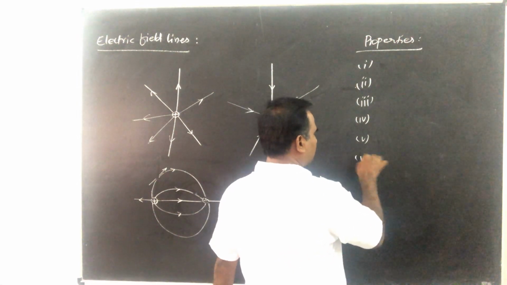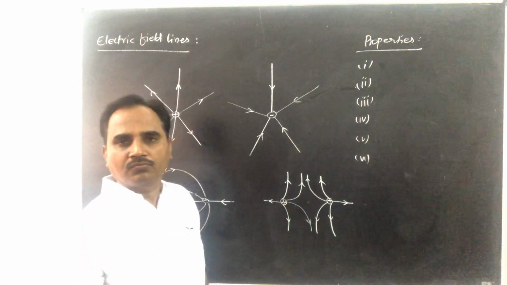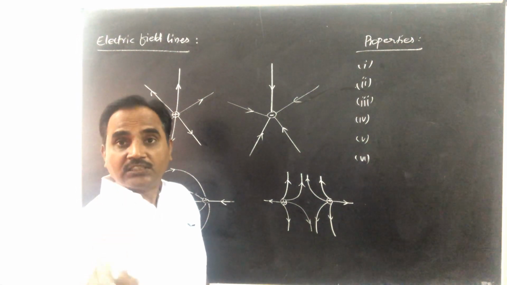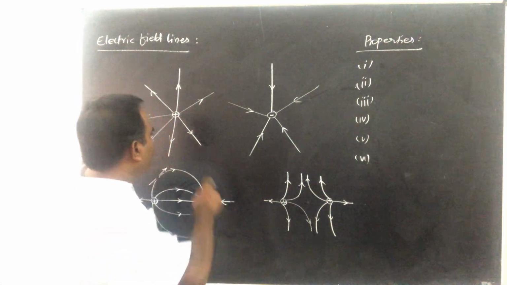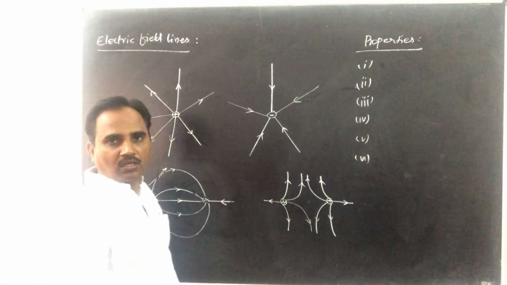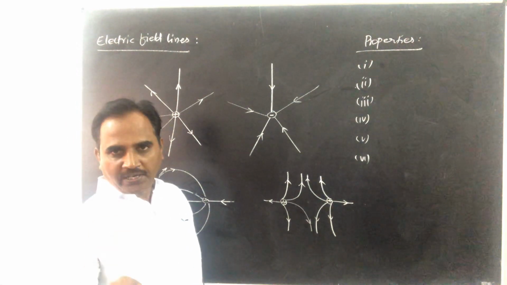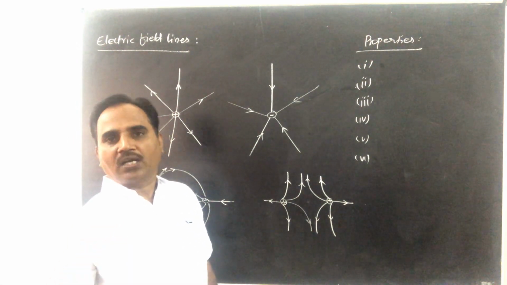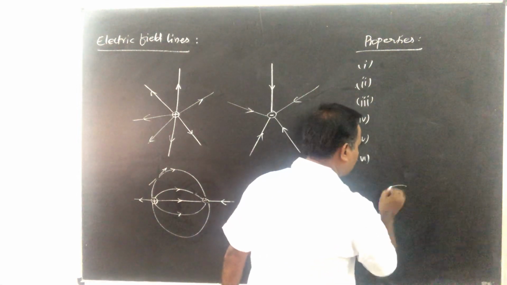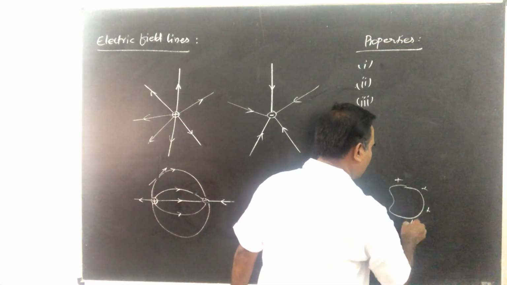The next thing is, in case of a charged conductor. Here these are all point charges. Instead of point charges, if you consider a charged conductor like this, so this is some charged conductor.